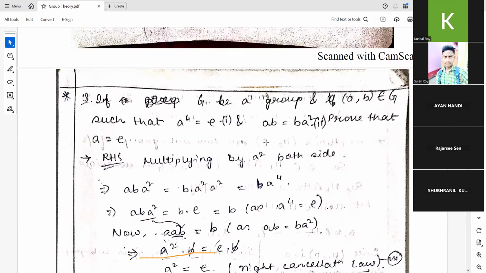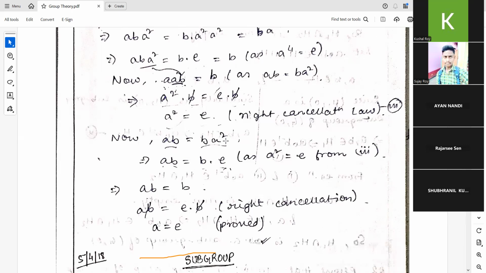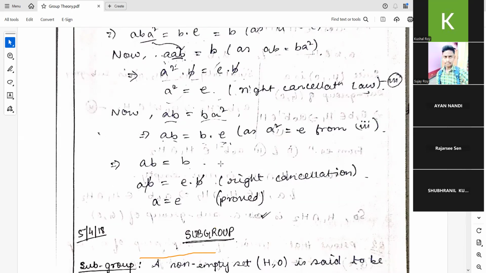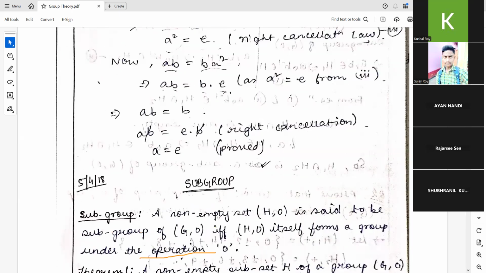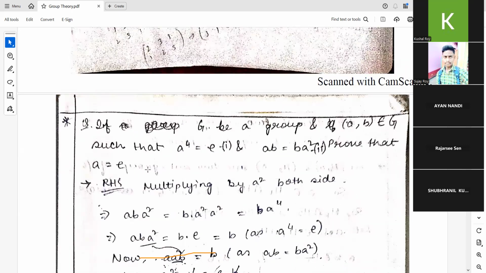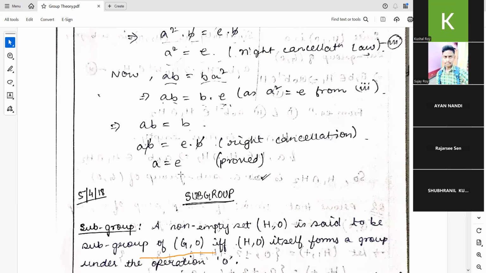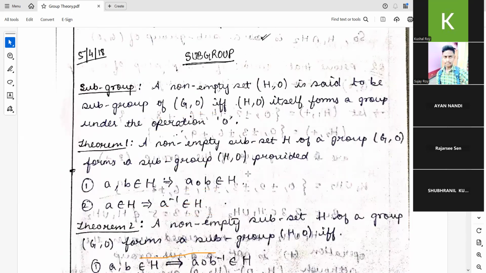So ab is b square, so ab is equal to b a square. A square means identity, so therefore ab is b composition e. So it gives you ab is equal to b. So similarly, by using the right cancellation law, again we can show that a is equal to the identity element. So therefore, if a to the power 4 is identity and ab is equal to b square, in that case a must be the identity element e.